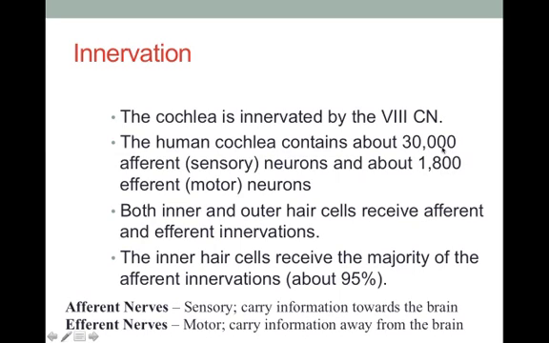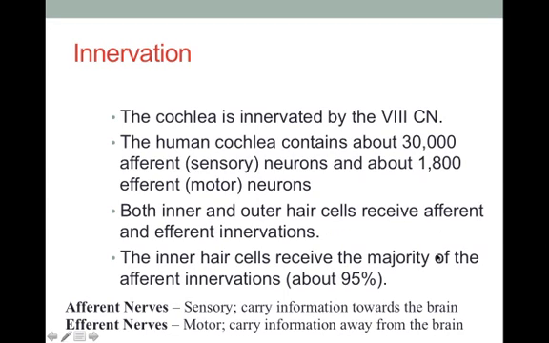For a long time, anatomists didn't understand what the role of those efferent or motor nerves was in a special sensory organ like the ear. It's only recently they've understood that it plays an important role in the physiology of the inner ear that we're going to be talking about later.